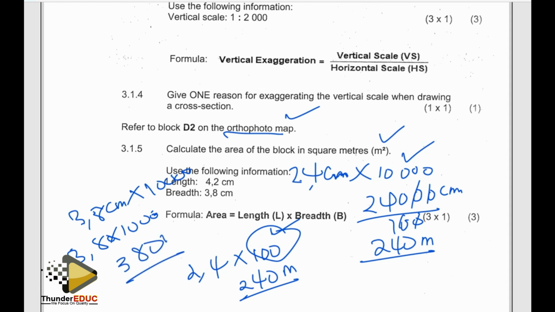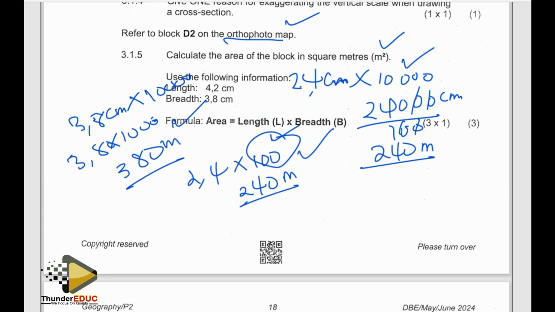So which means now you have your measurement in meters for the breadth and the measurement in meters for the length. You can now multiply those two to get your area in square meters, which will mean that you are now just saying 380 meters, you multiply by the breadth 240 meters.